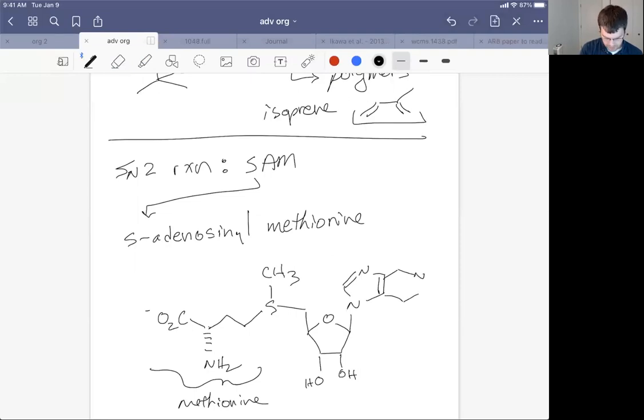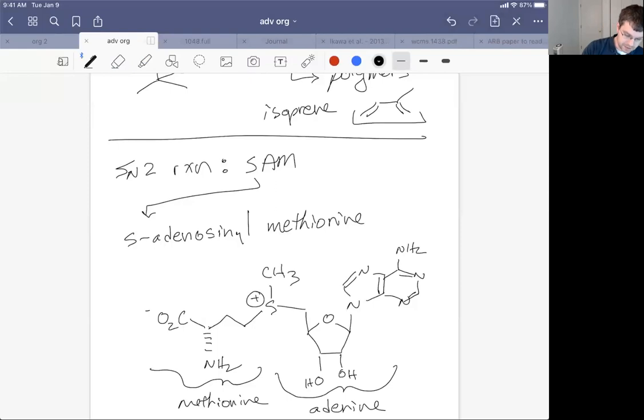It's not a bad structure to memorize, but I haven't memorized it yet. Okay. So this whole thing together is adenine. And we put the adenine group onto the sulfur atom of methionine, giving us a nice whopping positive charge on the sulfur atom.